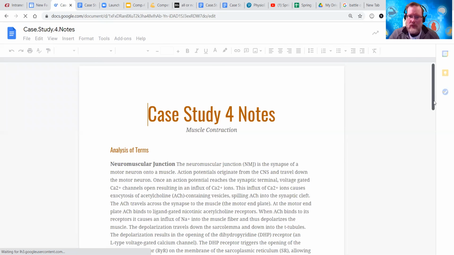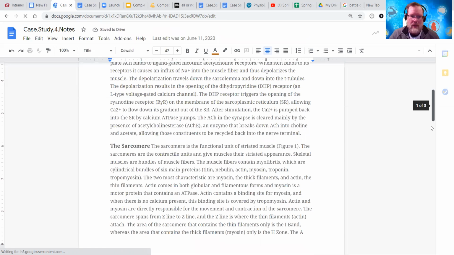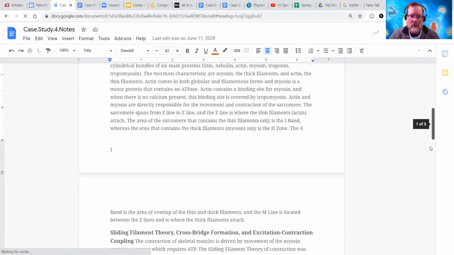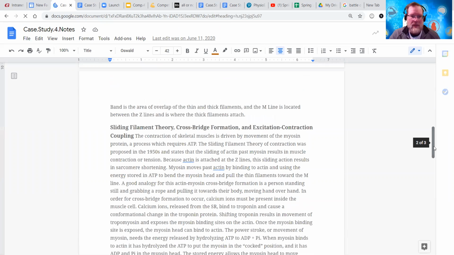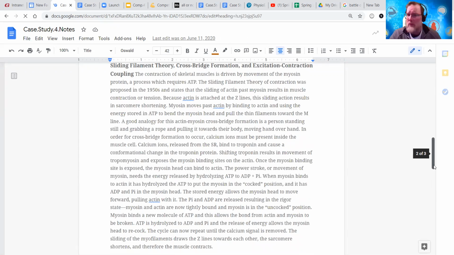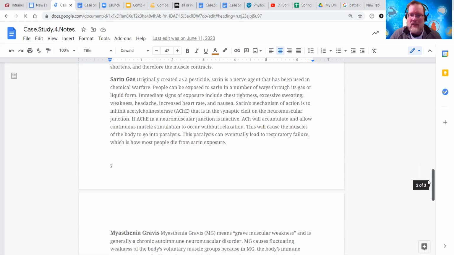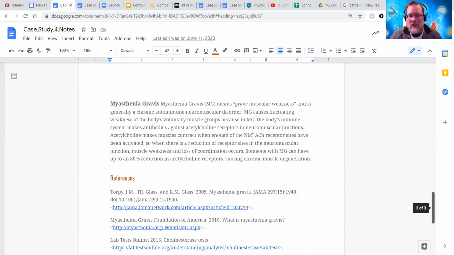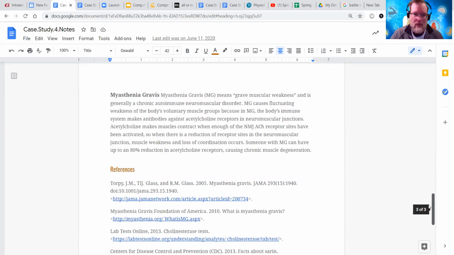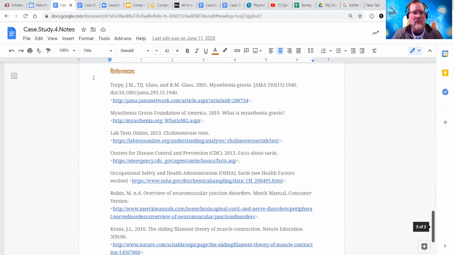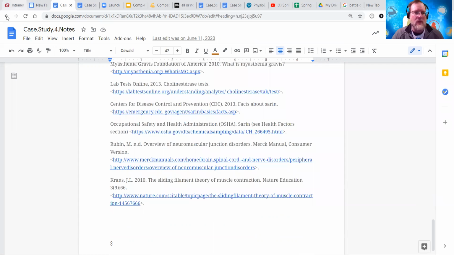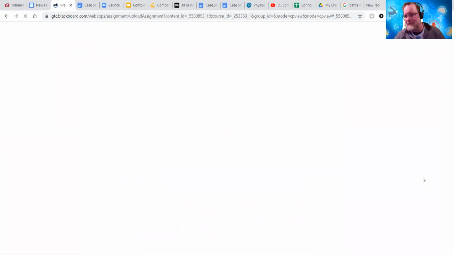And one of the notes in there talks about sarin gas and a little bit about what that is. So in essence, you're going to want to use these notes. There it is, sarin gas. And then the next patient goes into myasthenia gravis. And there are a couple references with websites, so you can check those out.